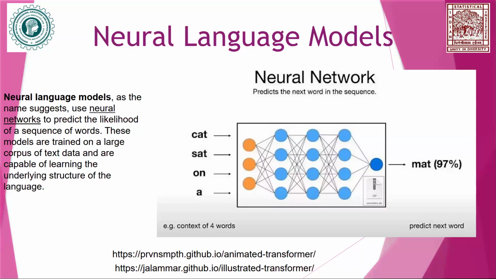So if you want to learn more about the internal workings of these special types of networks that are powering the large language models of today, you can follow those two links that I've given. They're quite useful, it appears to me. You can go through them and try to understand a little deeper if you are interested in the black box of these architectures of large language models.